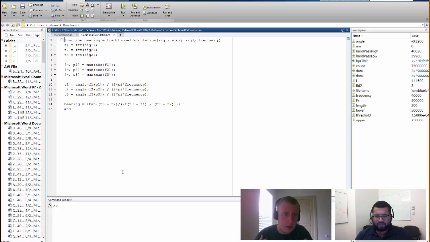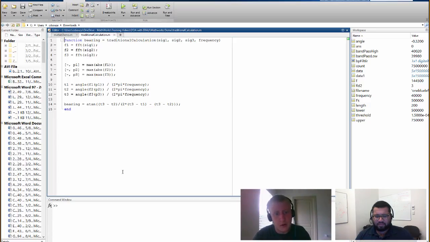And to then find the phase, we're just going to do some simple math. This is known math for finding the phase of a signal. It's based on some signal processing equations. And then the final step there, you have the phase.